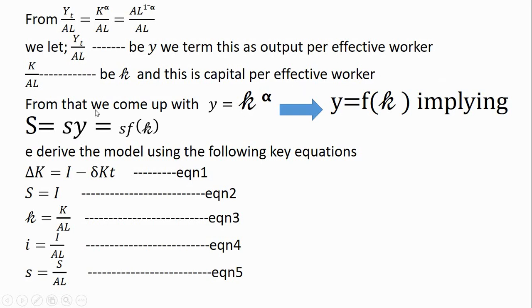So meaning that our output per effective worker is determined by capital per effective worker. Small y is a function of this kappa. So what happens is, it implies that our savings are equal to the small s, a function of k. This f, a function of k, just represents the y.